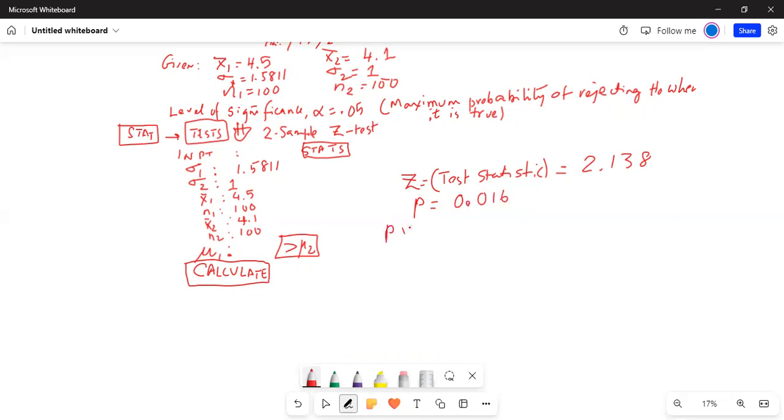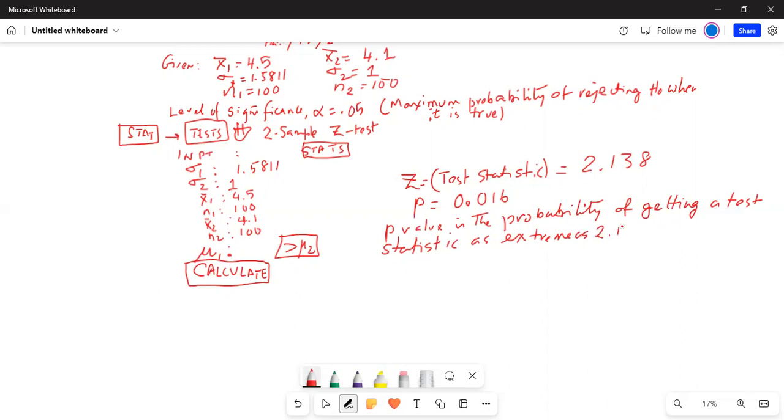So p-value is the probability of getting a test statistic as extreme as 2.138.